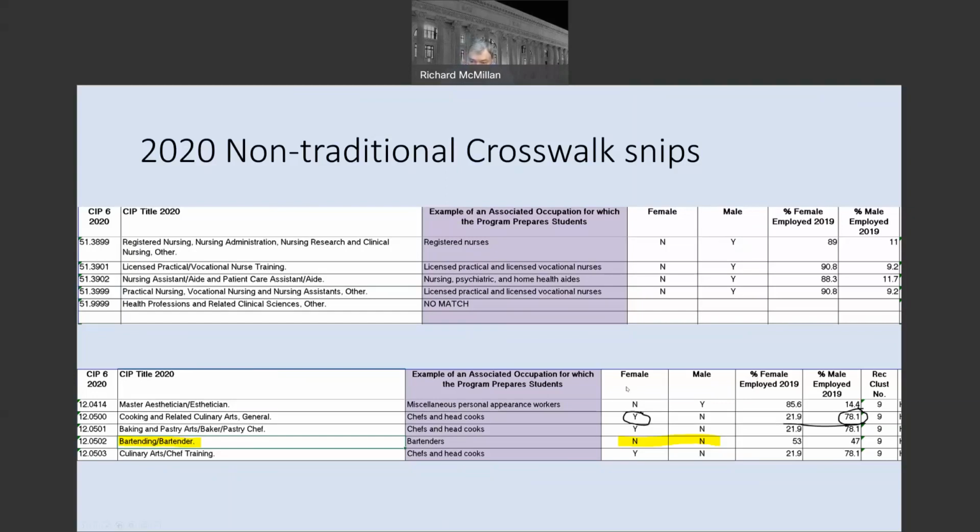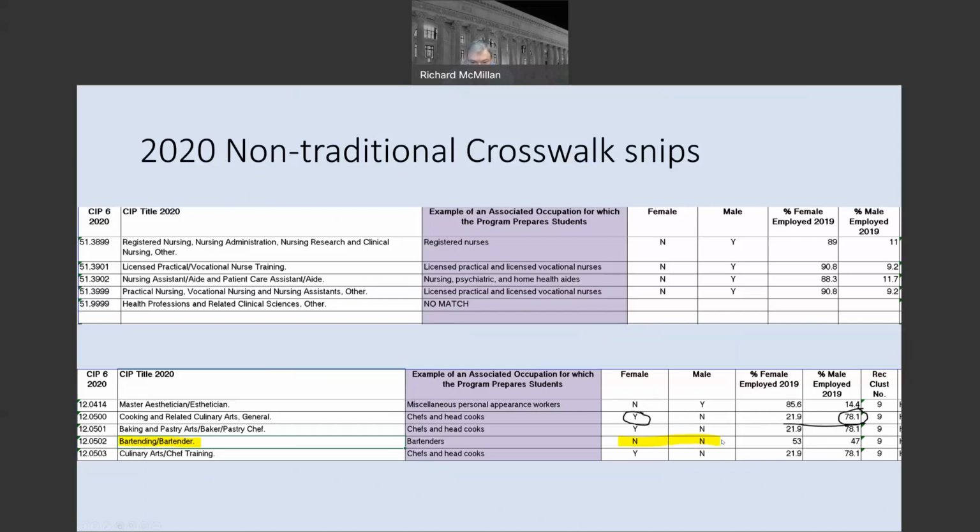But we notice here that it's bifurcated into male and female. And so notice that for bartenders, neither gender is non-traditional. And let's look over at these percentages. Look at that, 53% of all the bartenders employed in 2019 were women, and 47% were men. So very close. And so the decision was made that this is not a non-traditional occupation for either gender.